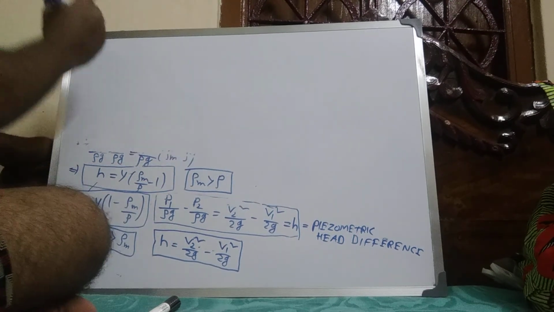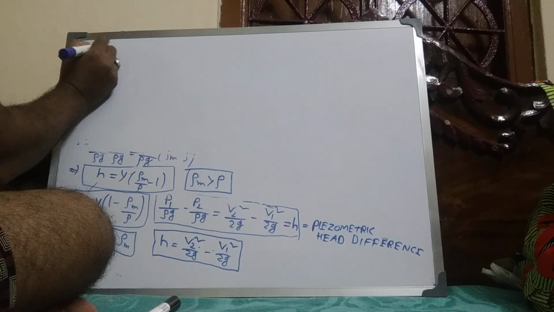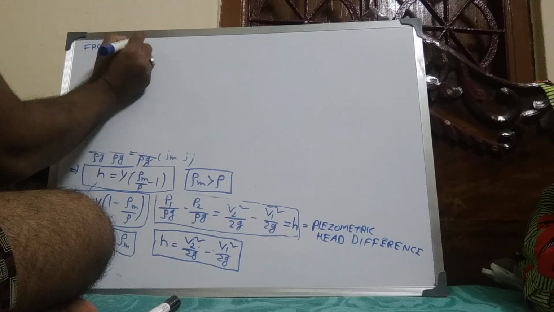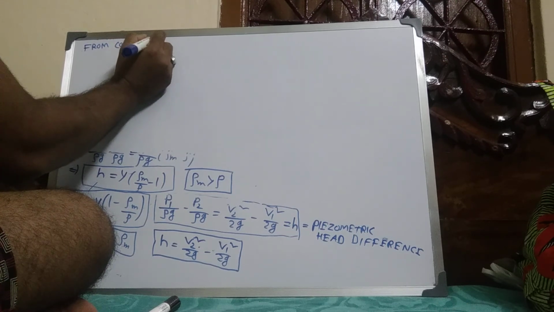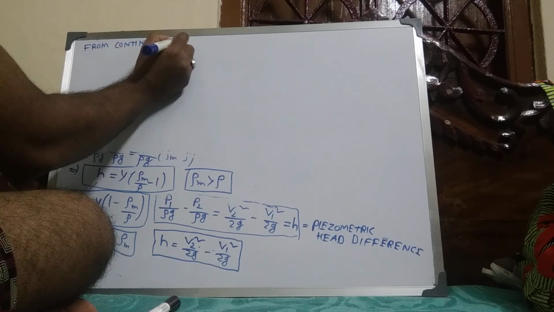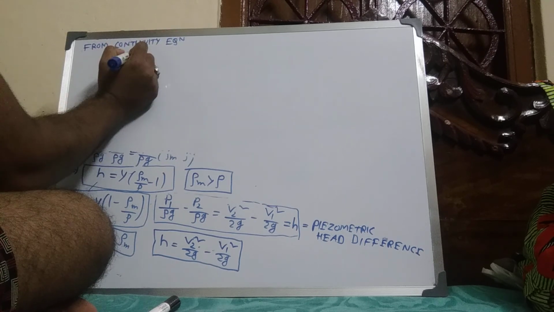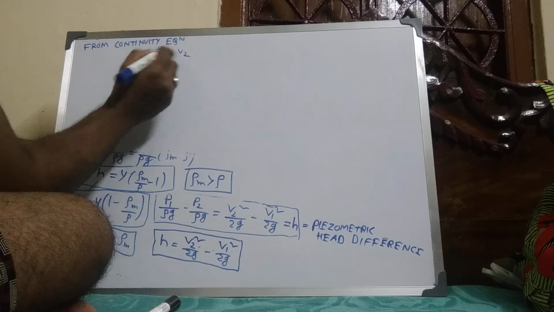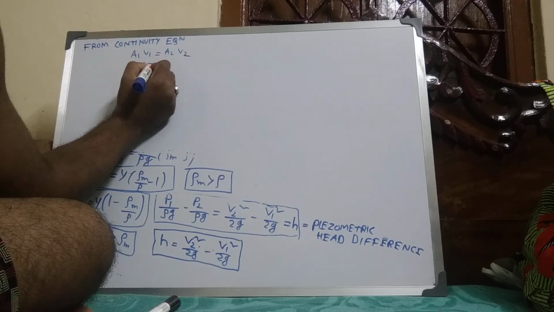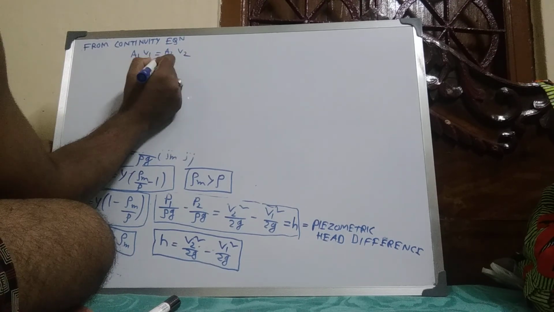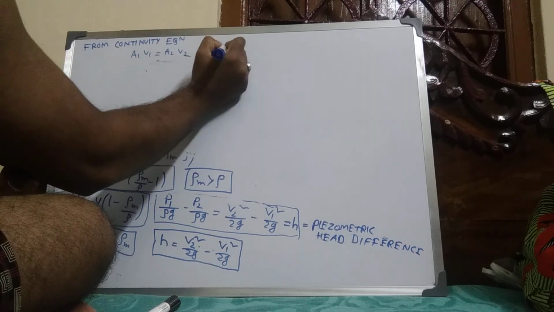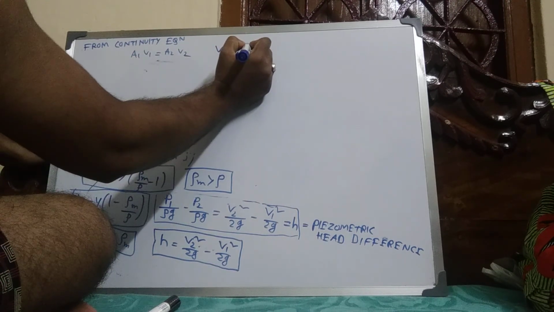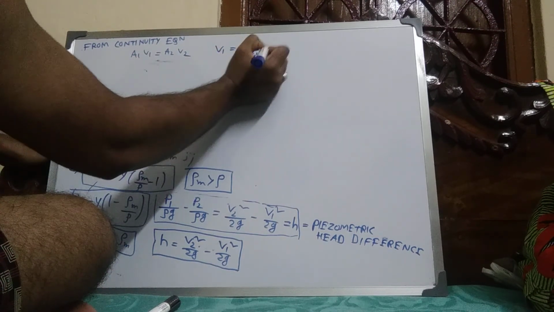Now from the continuity equation, a1 into v1 equal to a2 into v2. So v1 equal to a2 by a1 into v2.